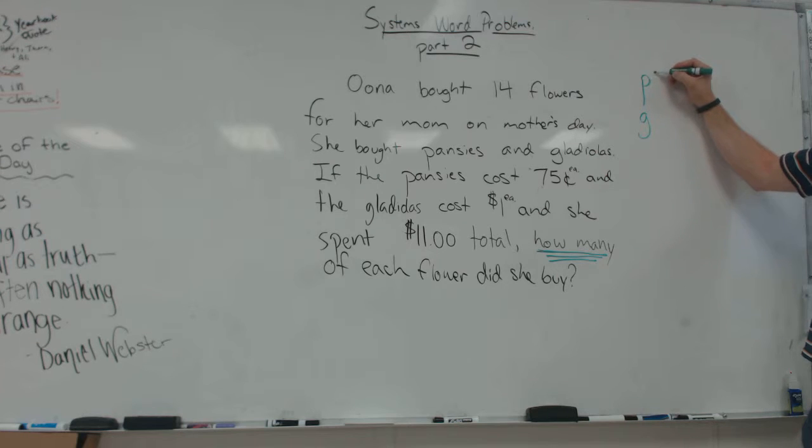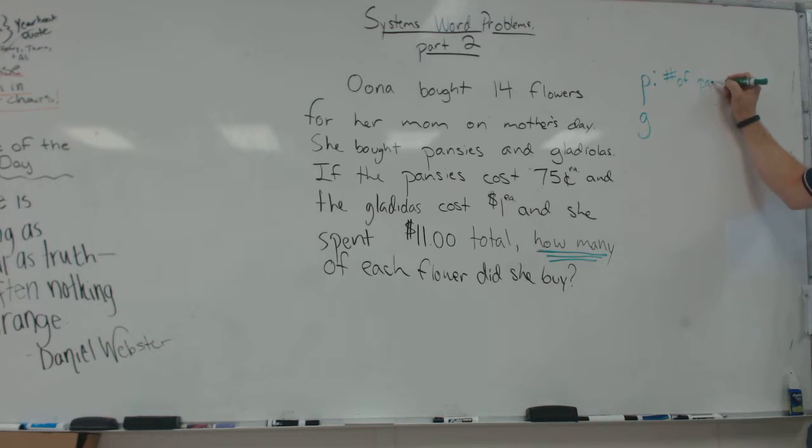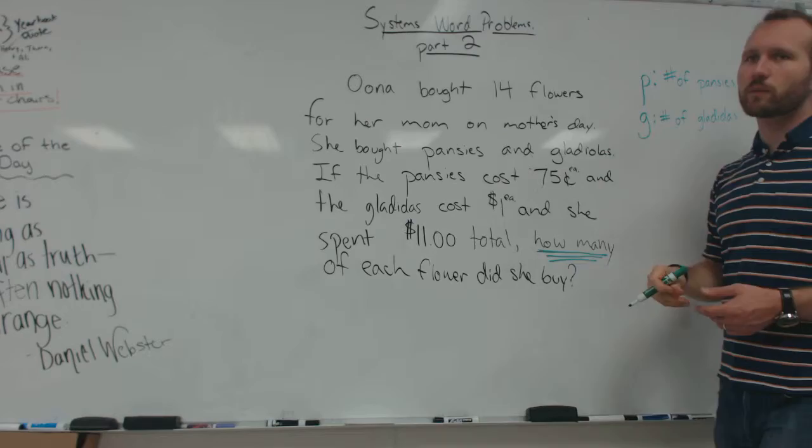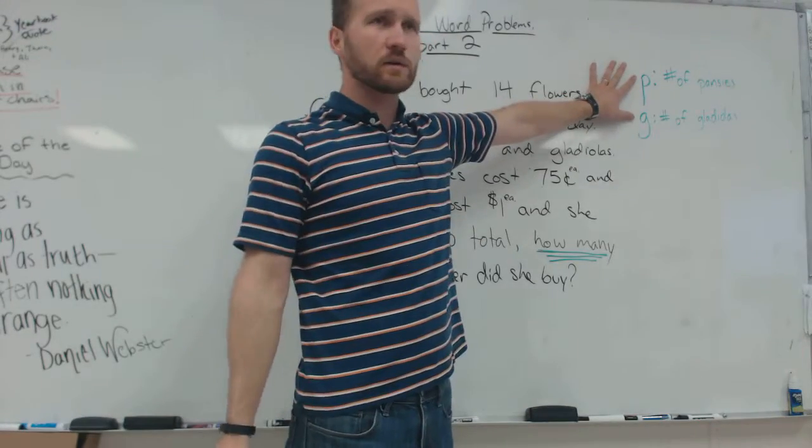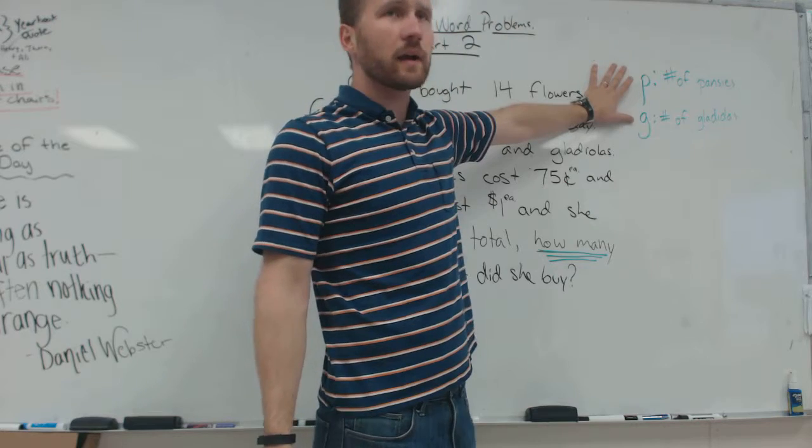So I would start by writing out P, the number of pansies, and then G, the number of gladiolas. I didn't tell you to do this before, but it is always smart with systems of equations word problems to start by writing out your variables.